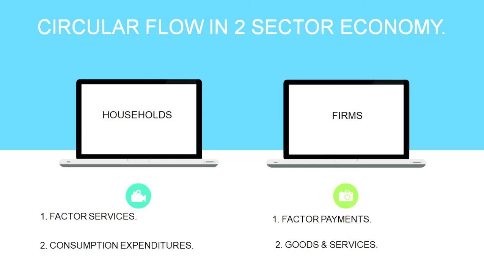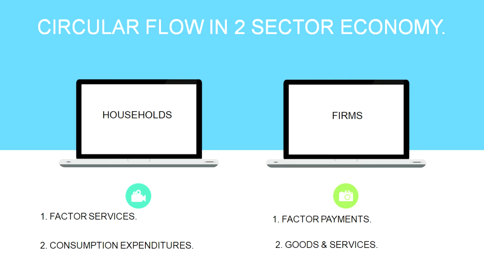The next topic is circular flow in a two-sector economy. Children, you know that there are four sectors in an economy. They are households, firms, government, and the foreign sector. But in this topic, we learn only about two sectors, households and firms.